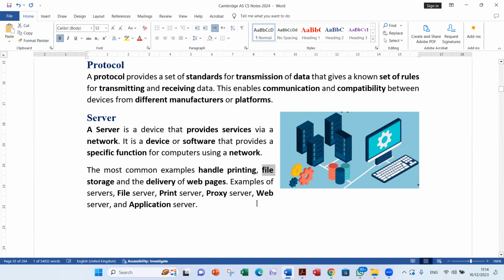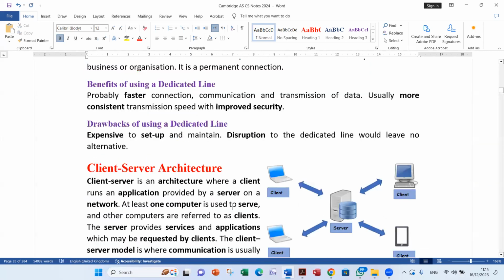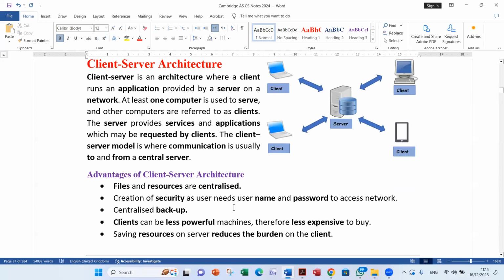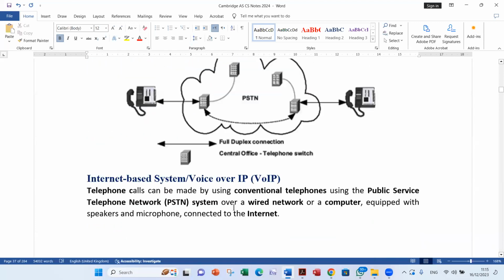We call this a web server. Example: file server, print server, proxy server, web server. A proxy server is for security. Application server. Okay, because soon we will be talking about client server architecture.